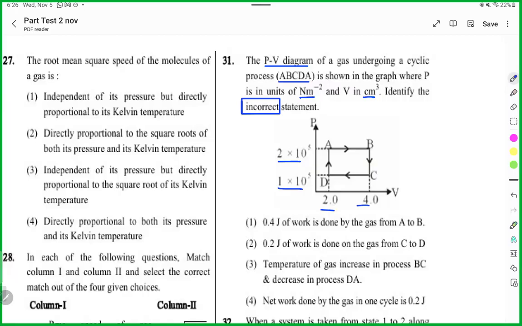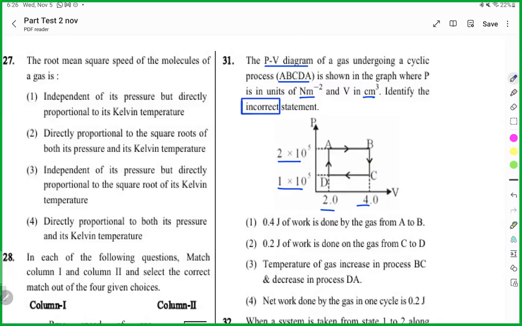Tell me, is work done positive or negative? By the gas or on the gas? Positive.